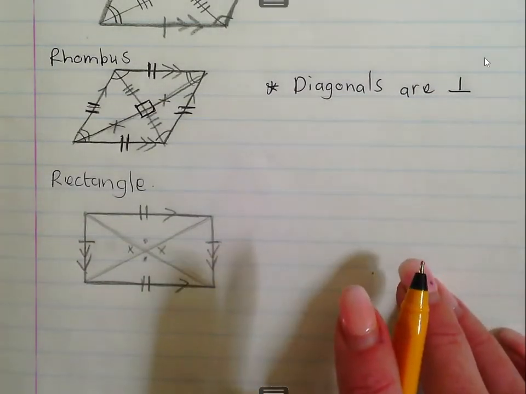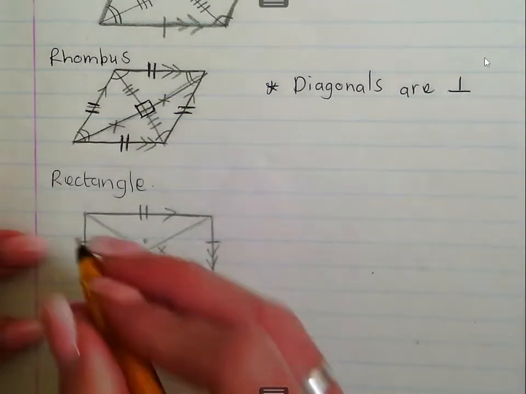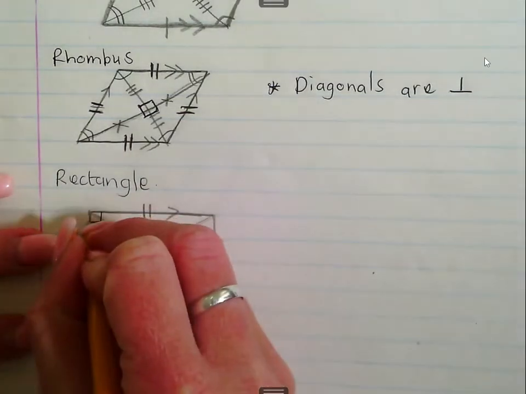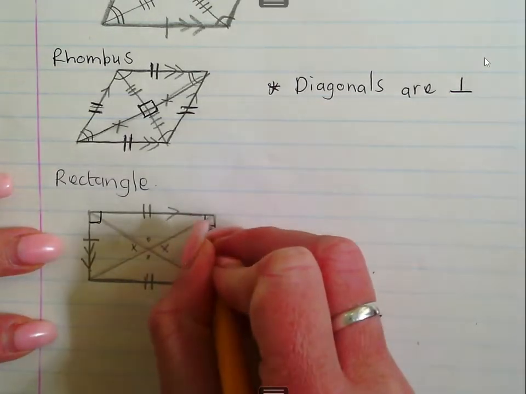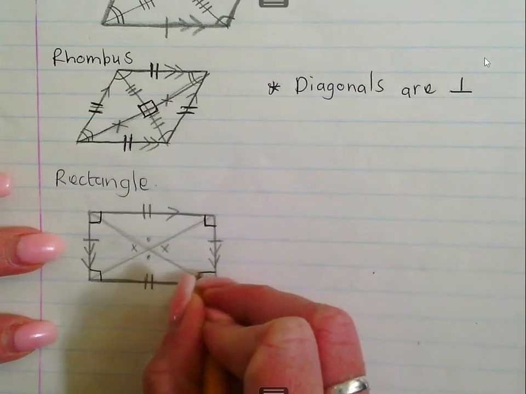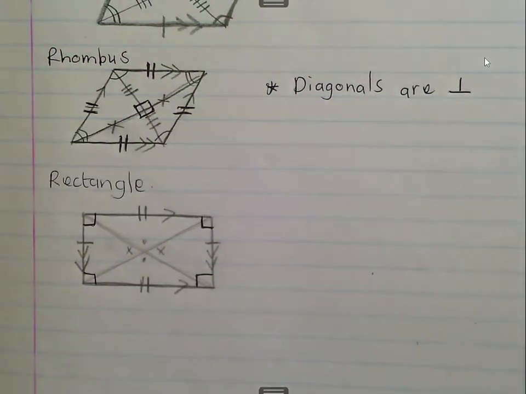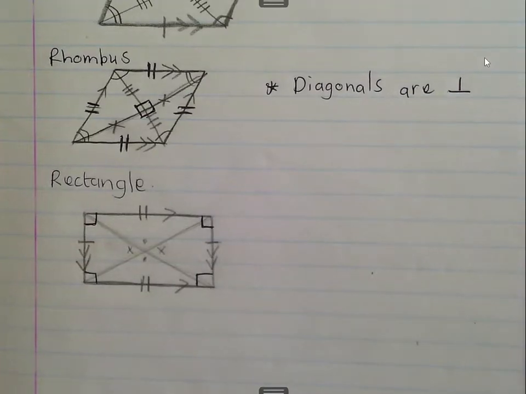Okay, now the thing that's different, the familiar one, is that the angles of the rectangle are 90 degrees. So that's one way of proving that the parallelogram is a rectangle. But you guys know we're not working with angles a lot, ne?